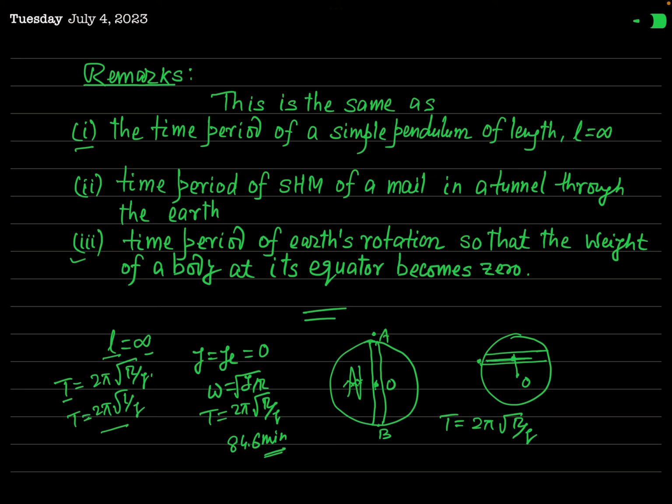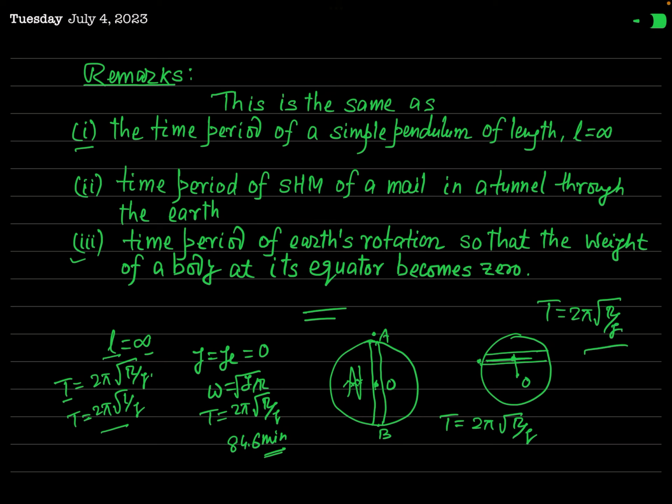And the time period of the earth's rotation is also 84.6 minutes when its speed becomes such that the weight of a body at the equator becomes 0, that is, the acceleration due to gravity at the equator becomes 0. In all these 4 situations, the time periods are the same, and the well-known formula for that time period is T equal to 2π root over R by g.